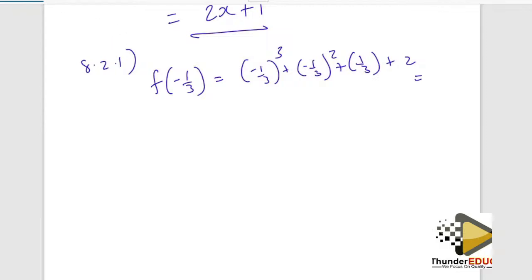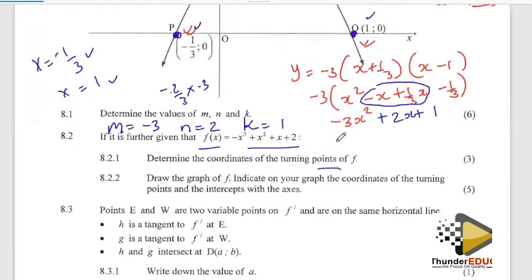Let me just confirm this. So we said -1/3 cubed plus -1/3 squared plus -1/3 plus a 2. Yeah, that's what I'm getting.